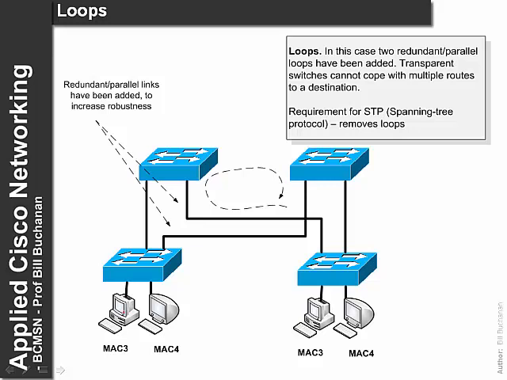So you can see here that we could go from MAC 3 to the other MAC 3 on the other side via this route, or we could go via this route here.